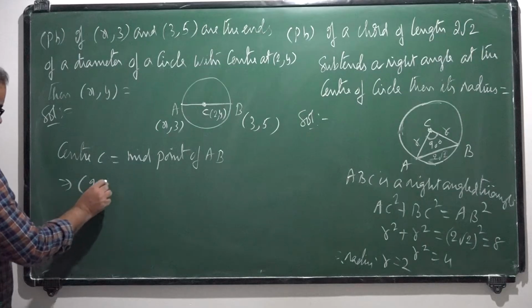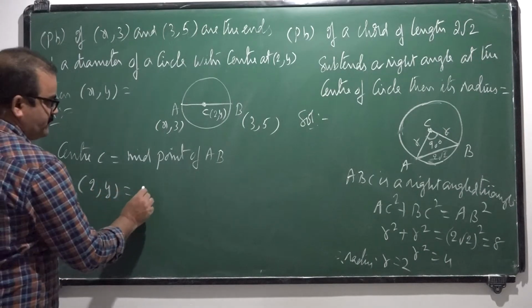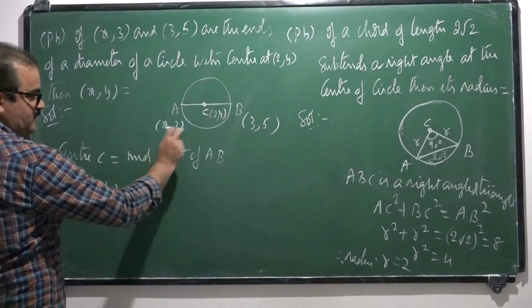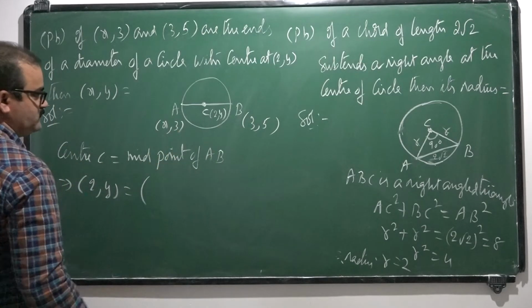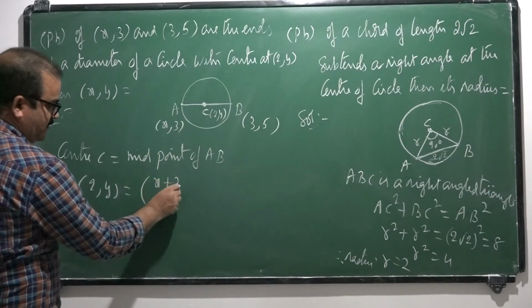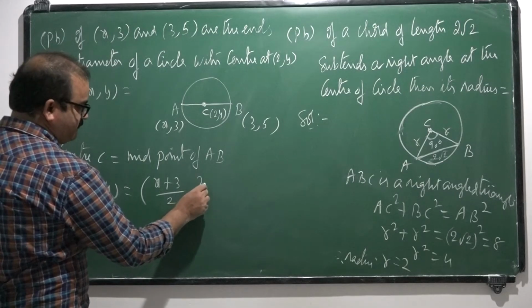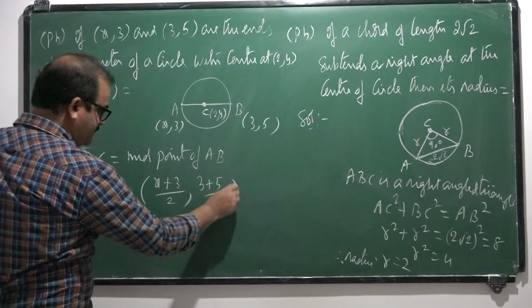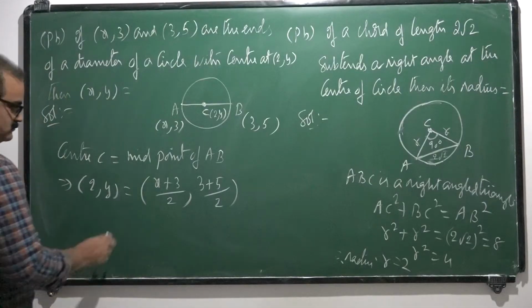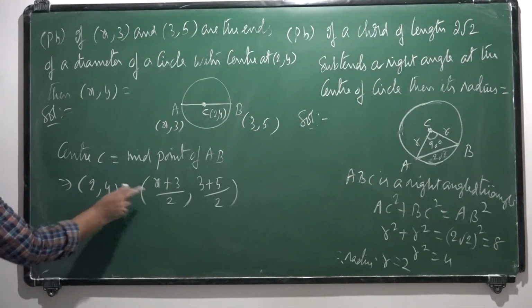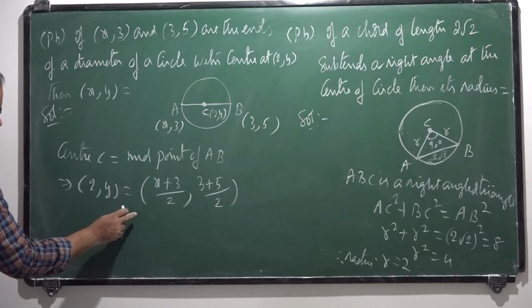What is the center? 2 comma y. Midpoint of AB: x1 plus x2 by 2, y1 plus y2 by 2. So x plus 3 by 2, 3 plus 5 by 2. Compare x coordinates and compare y coordinates.